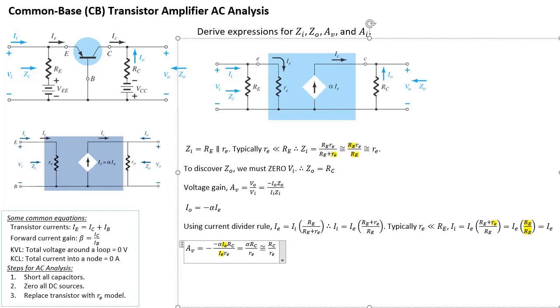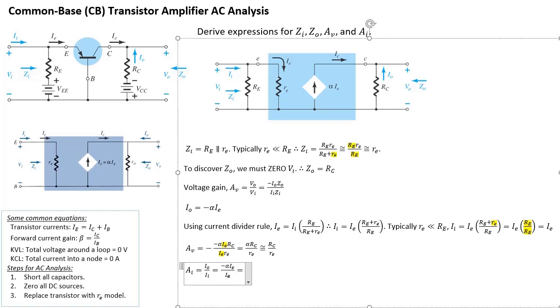Okay, so that's AV. Now, the final one is AI. So, what is AI? AI is the current gain, and is defined as the output current divided by the input current. So IO over II. We have expressions for all of them, so it's negative alpha IE, that's for IO, all divided by II, which is simply IE.